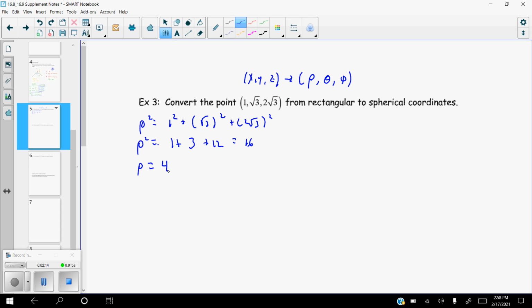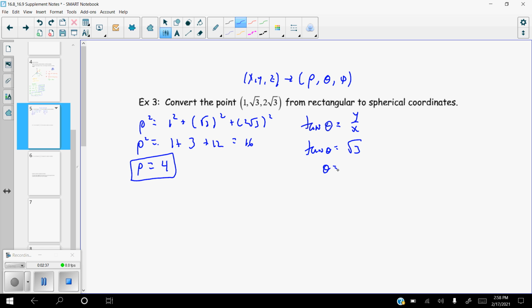Okay, so we're also going to need to find theta. Got our rho, let's find theta. Theta can be done by tangent of theta equals y over x. It's the same thing as it was in polar because we're using y's and x's. So tangent theta here is square root of 3 over 1, which is square root of 3.